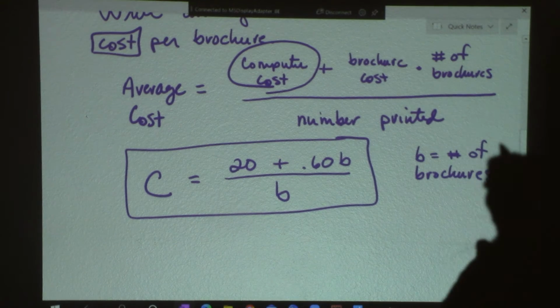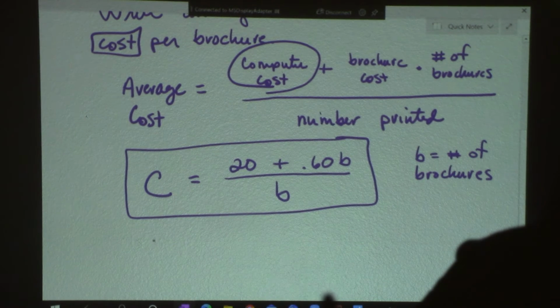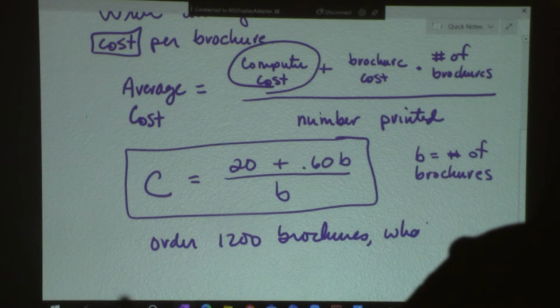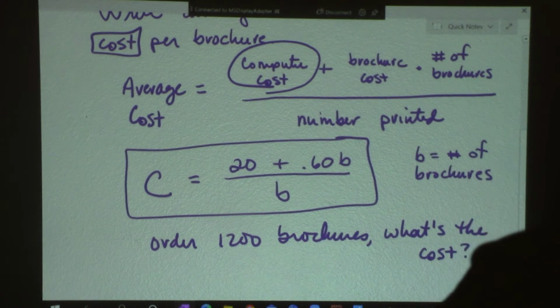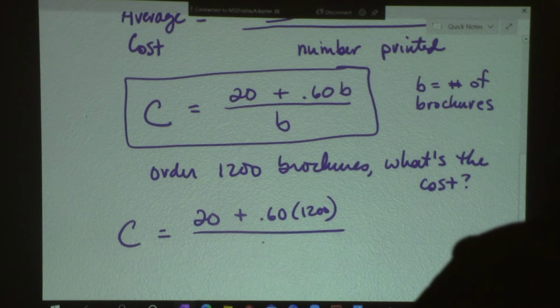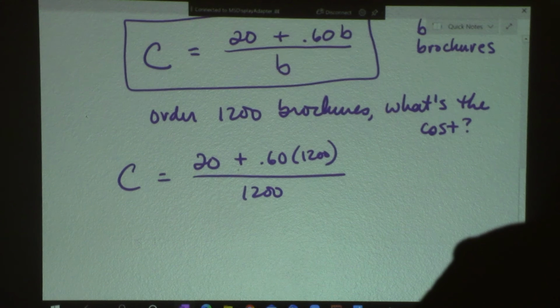Now let's see how this works. Let's say I wanted to order 1,200 brochures. What's my cost? Okay, so let's put 1,200 in there. So I have 20 plus 0.6 times 1,200 over 1,200, and we'll work it out.